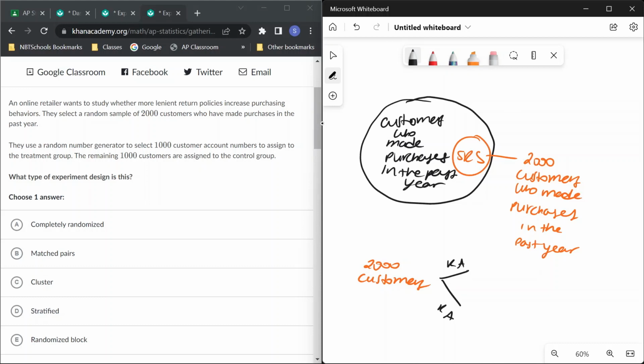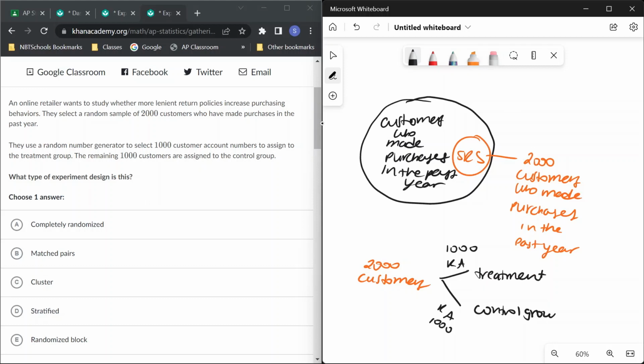The random assignment selects 1,000 customers to assign to a treatment group, and the remaining 1,000 customers are assigned to a control group. So this is treatment, and this is a control group.